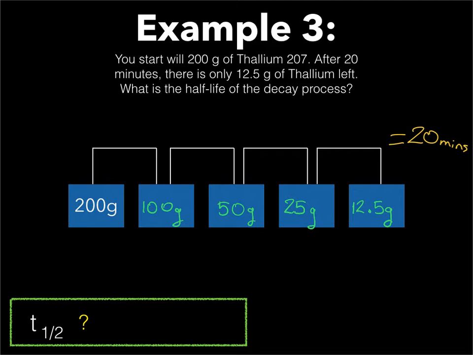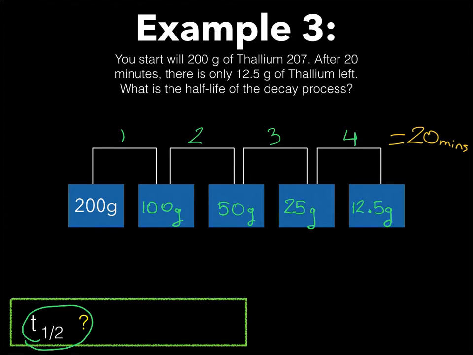So if this entire process took 20 minutes, we want to figure out how long it takes for us to just undergo one half-life. So how many half-lives did we calculate for? 1, 2, 3, 4. So we underwent 4 half-lives.